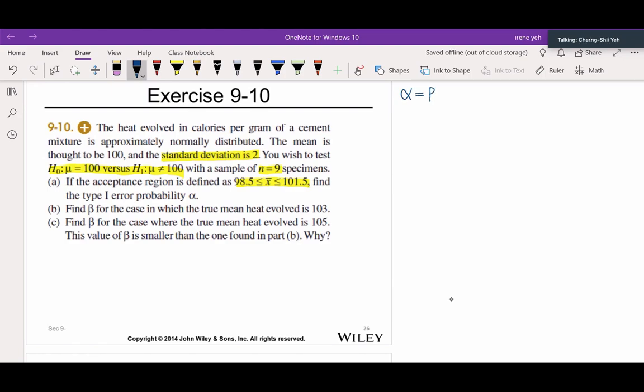Alpha is the probability of making a type 1 error. It is the probability of rejecting a null hypothesis when it is true.